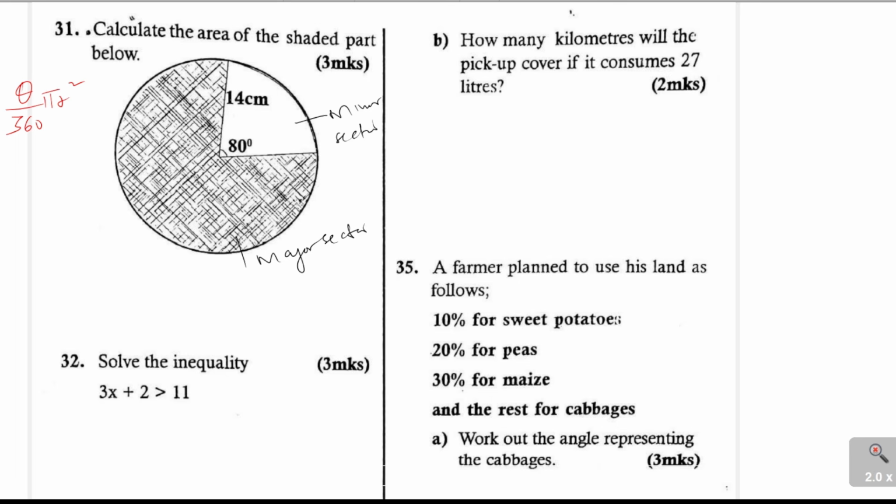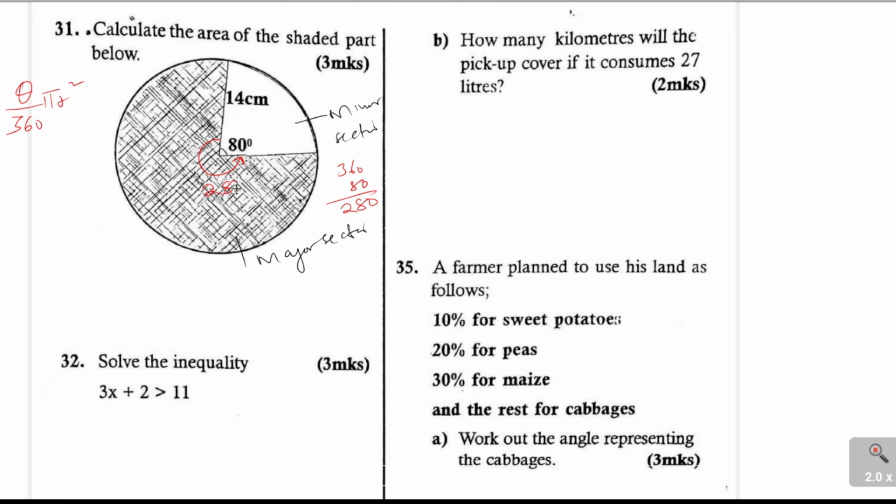Now, because we want to get the area of the larger sector, and the angle subtended at the center by the smaller sector is 80, the remaining angle represents the angle subtended by the shaded part. This will be 360 subtract 80, so the rest of the angle is 280.